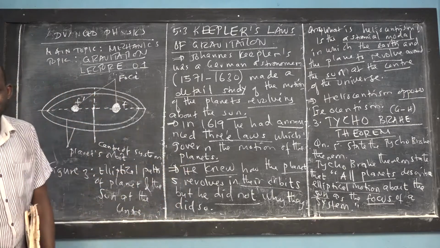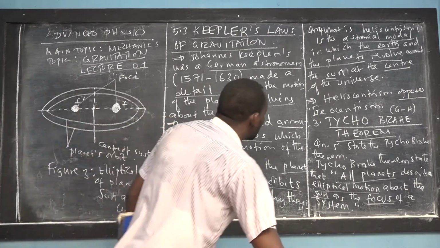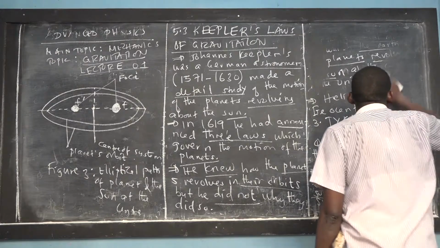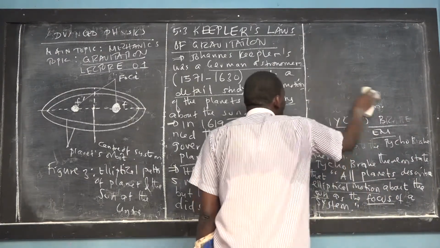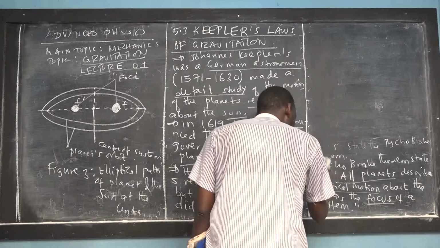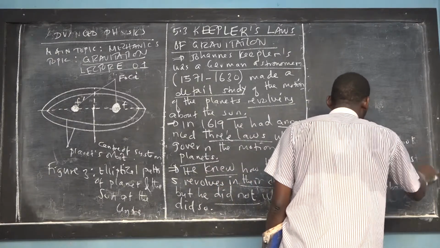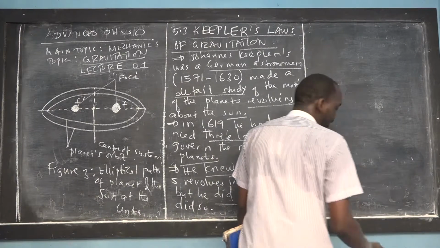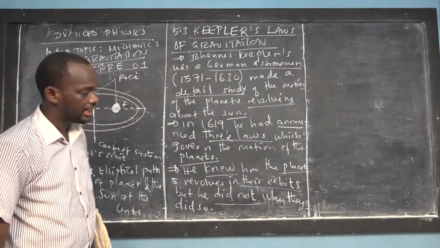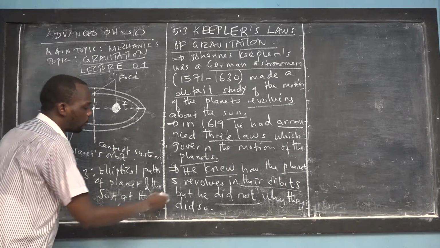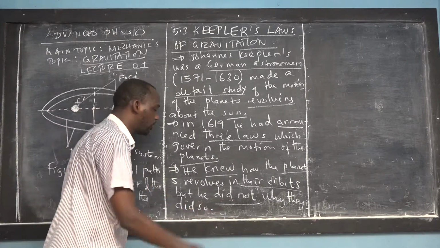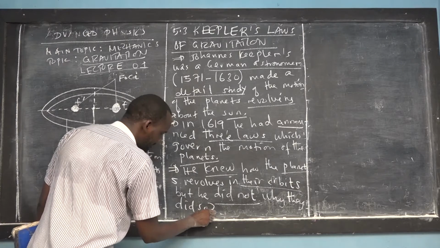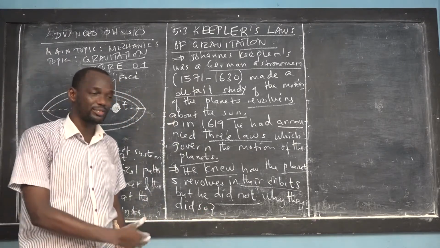Fantastic concept. He was an astronomer and did a lot of research. He used a telescope to study space. Then he learned that the planets revolve in their orbits around the sun at the focus of the system. But until he died, he didn't have an answer to this question: why do planets revolve in their orbits around the sun? So he left that question, and that's the goodness of physics.